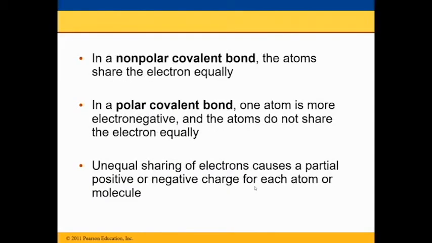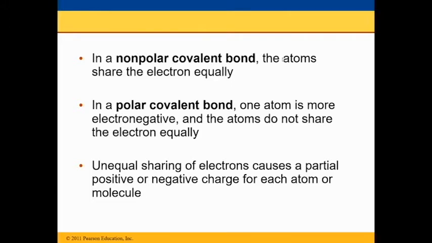Then the nonpolar covalent bond means the atoms share the electrons equally. In a polar covalent bond, one atom is more electronegative, and the atoms do not share the electrons equally, they share unequally.